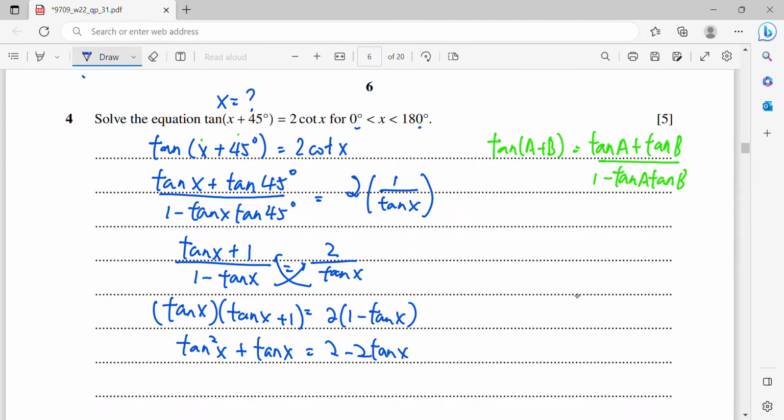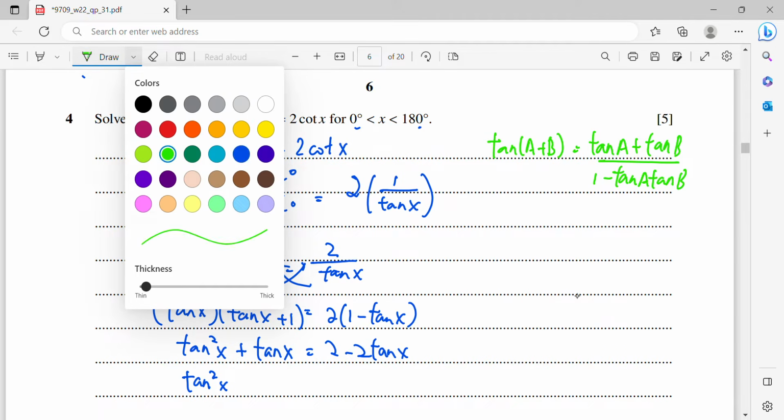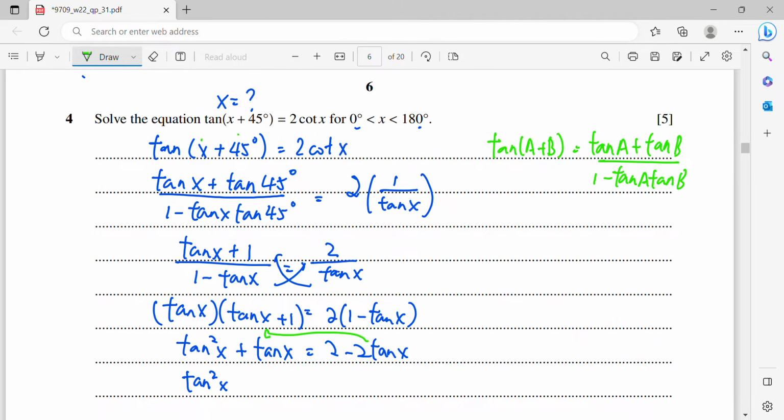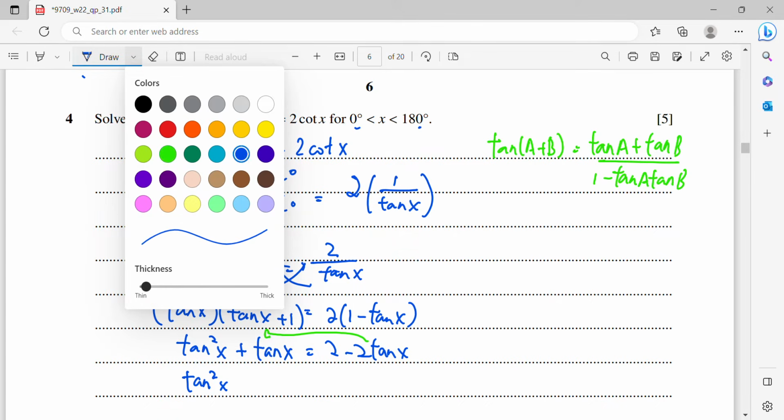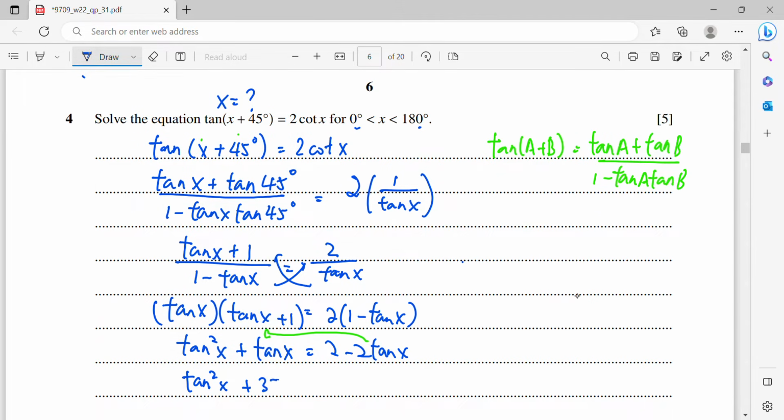And then I'll rearrange all the terms so that all the terms are on the left hand side. So you'll be getting tangent square x. So here, the minus 2 tangent x plus with the tangent x on the left hand side, it becomes 3 tangent x. So the plus 2 on the right side will be moved to the left side, becomes minus 2. And let it be 0.